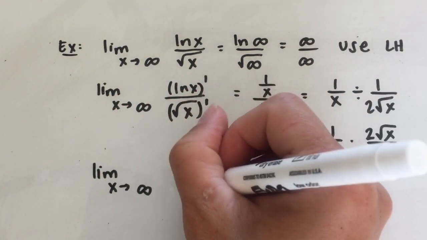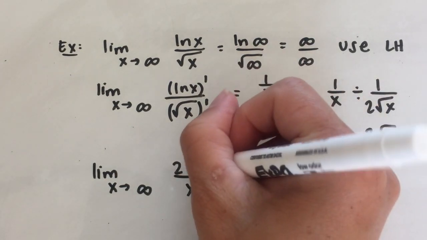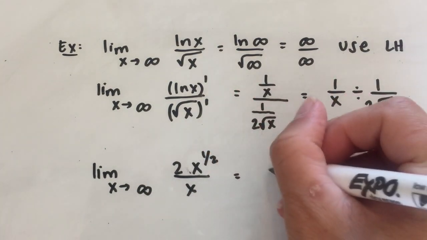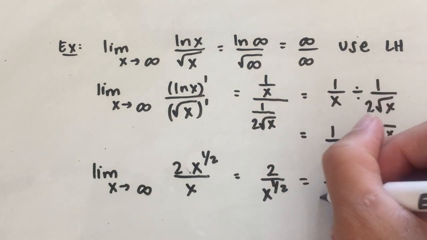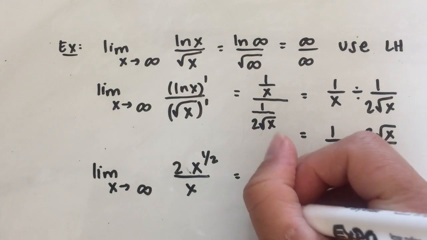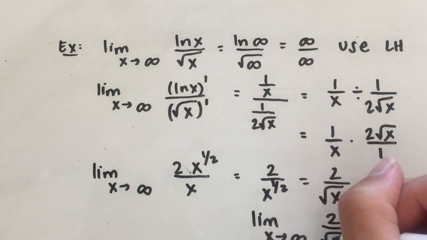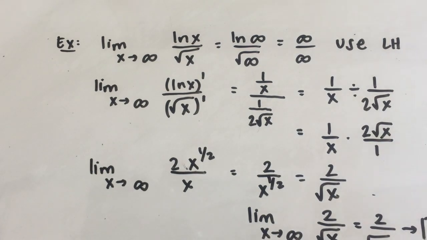So I get the limit as x goes to infinity of 2 times the square root of x over x. I can write that as x to the 1/2, and then we can subtract the exponents. So I'm left with 2 divided by the square root of x as x goes to infinity. Any number divided by infinity will equal 0 or approach 0.